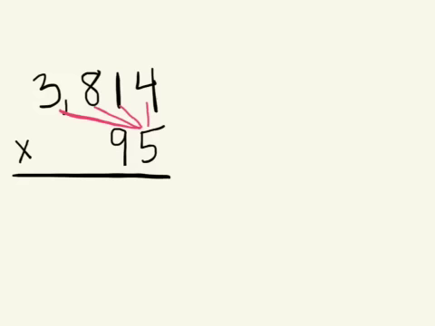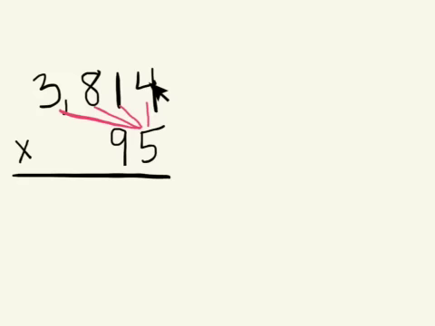But with the traditional algorithm, remember, there is a specific set of rules and steps that has to be followed in an exact way every time in order to get the right answer. So we're going to start with our least valuable place, the ones place, and gradually make our way over to the most valuable place. All right, so let's do this.